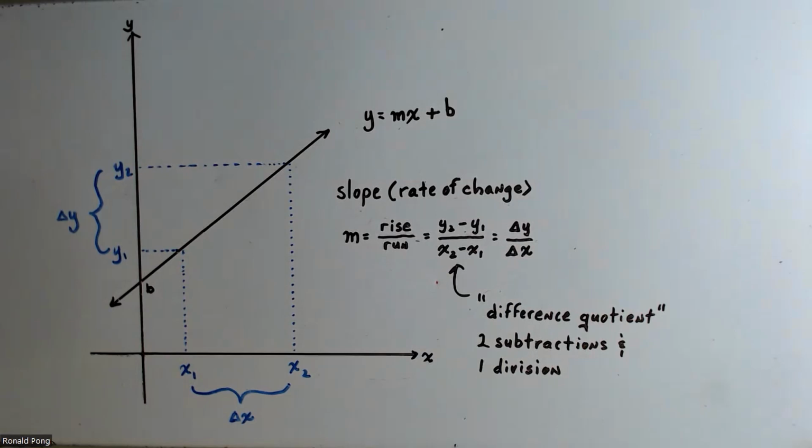We'll be using this concept quite a bit, this delta y over delta x idea. We can think of this as two subtractions, y2 minus y1 over x2 minus x1, over one division. That's what rate of change or slope is all about.